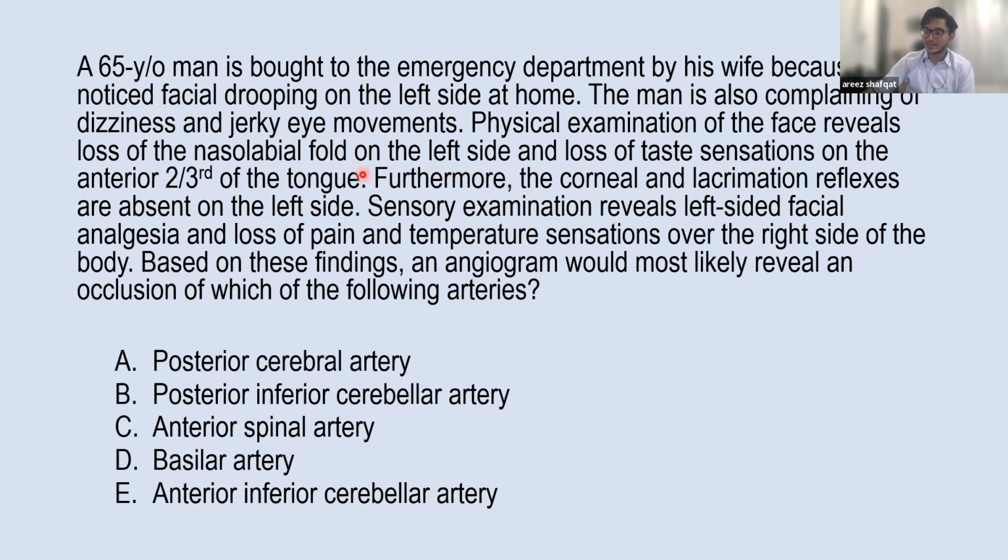You've lost the same findings as the last scenario, plus facial analgesia, which means the trigeminal nucleus is affected. And he has loss of spinothalamic sensations as well. That means it's a lateral pons. So it's lateral pontine syndrome. The artery which supplies the lateral pons is ICA. Spinothalamic is involved, so it's located laterally. Yeah. So if any one of the S structures is involved, it's lateral.